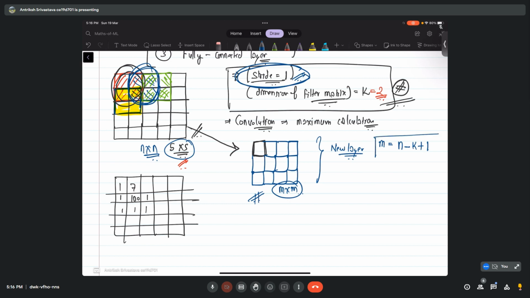In that case, the new matrix, that is the new layer created after this convolution of the old layer, will be n, that is 5, minus k, that is 2 for our case, plus 1. So m is equal to 5 minus 2, 3, plus 1, 4. Luckily I made it correctly. We will have a 4 by 4 matrix, and each entry of this matrix will have some weighted sum of the values of the original 4 pixels of the matrix.